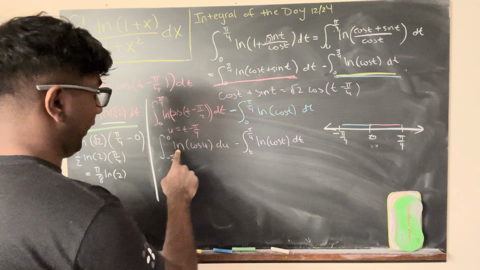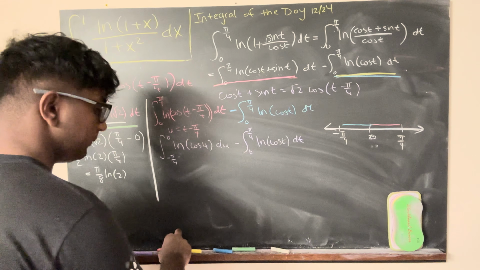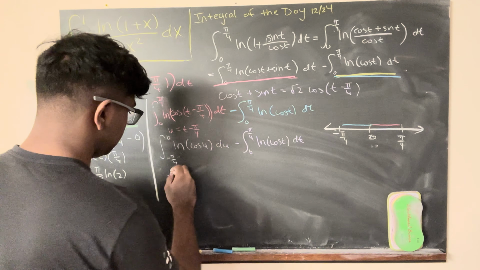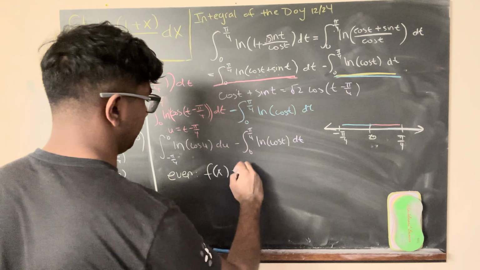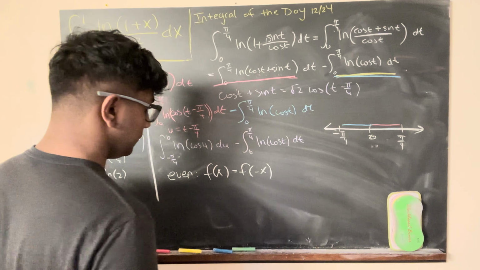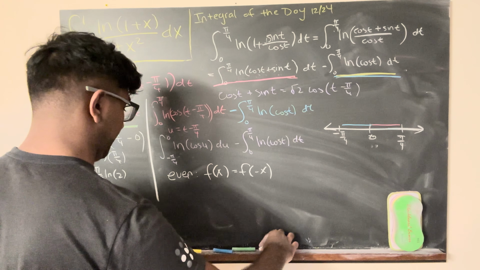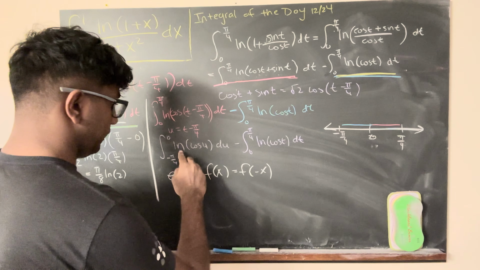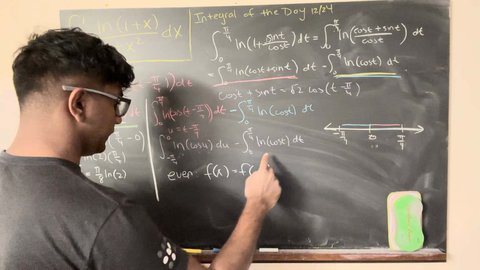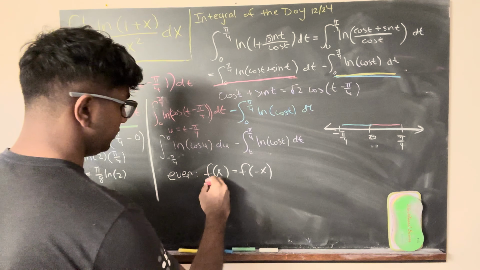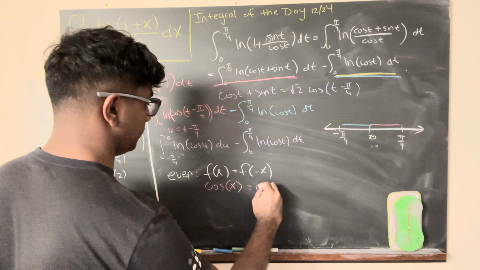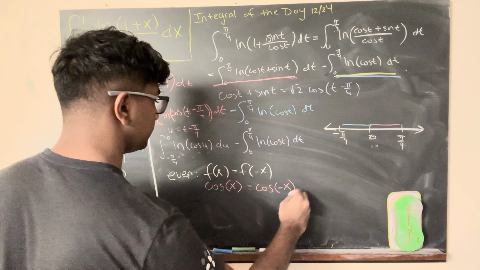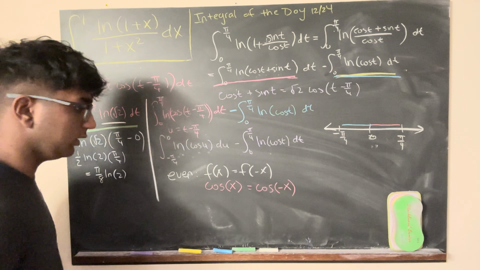So let's check if ln of cosine u is even. Even functions take the form f of x equals f of negative x. And we have ln of cosine x. So cosine x, let's first take that. Cosine x is equal to cosine of negative x. You can realize this from the unit circle.